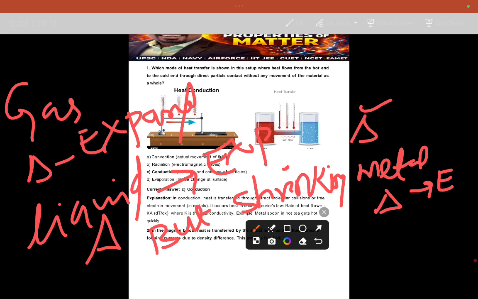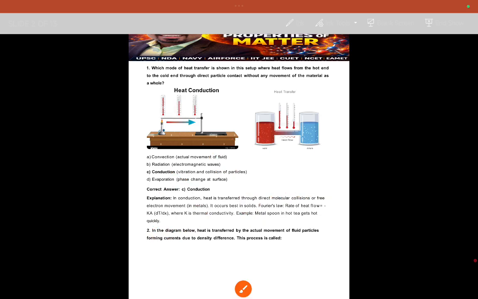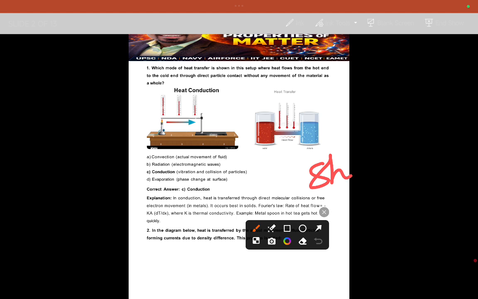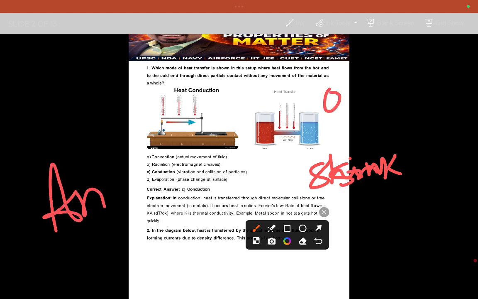But water, when we apply heat, instead of increasing, its volume decreases. The volume shrinks, and this behavior occurs from 0 to 4 degrees Celsius.